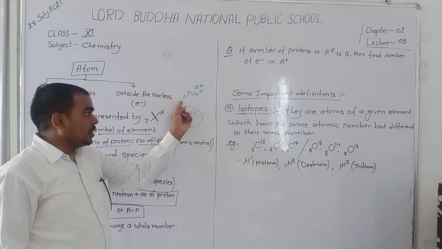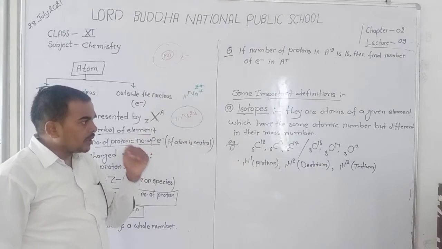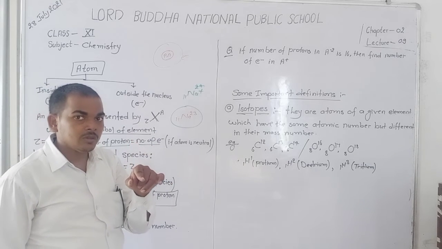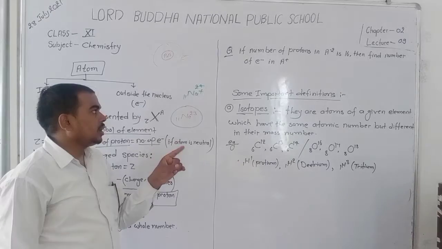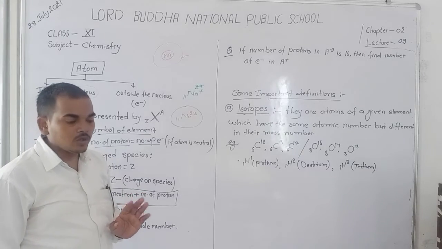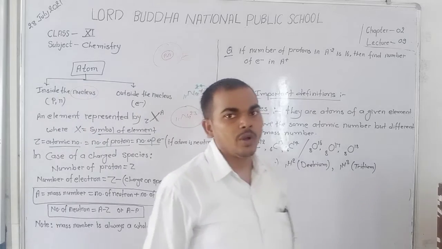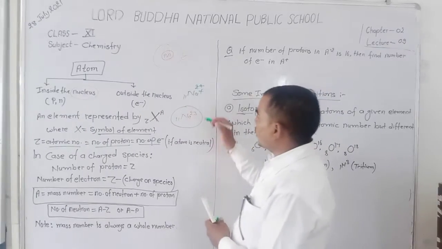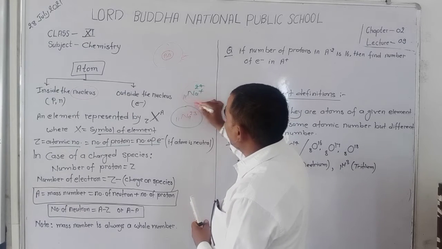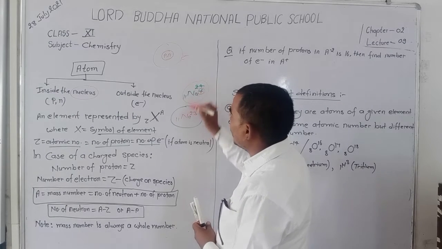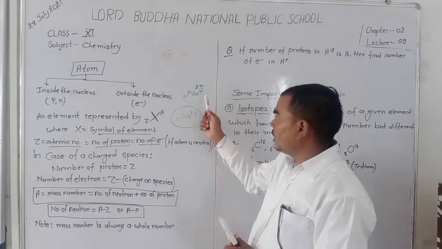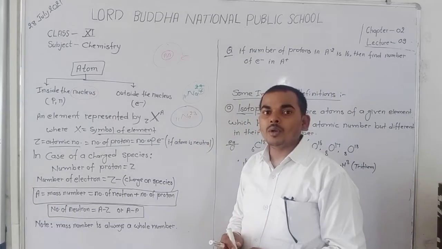Atomic number is 11, proton number is also 11, but remember that the electron number is not equal to 11 because it is not a neutral species. It contains positive ions, so it is not neutral.